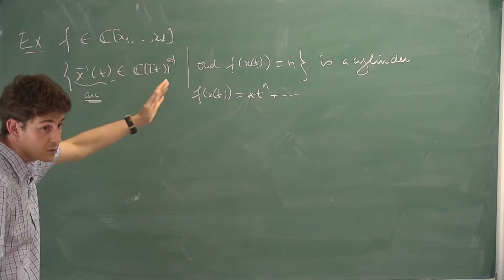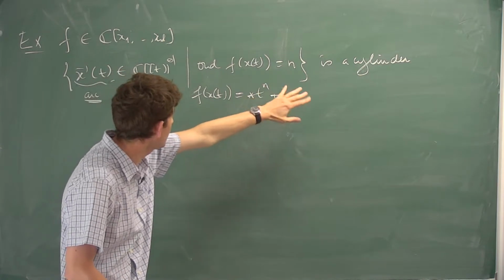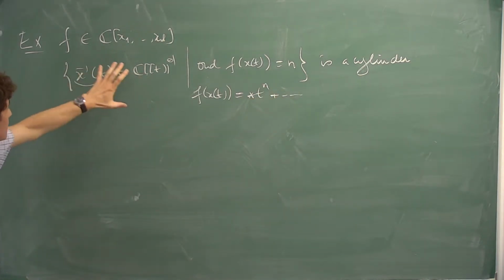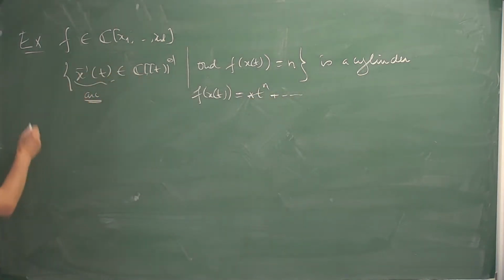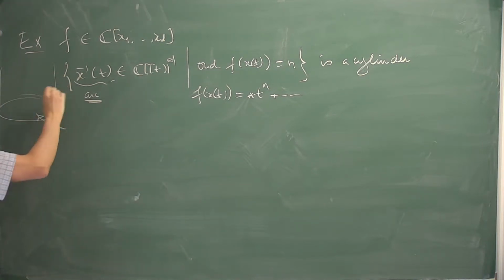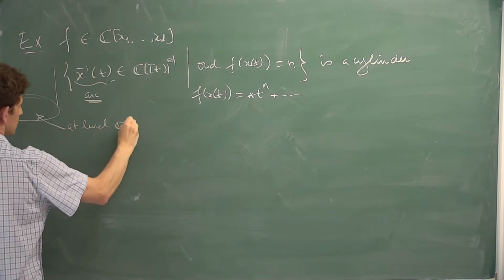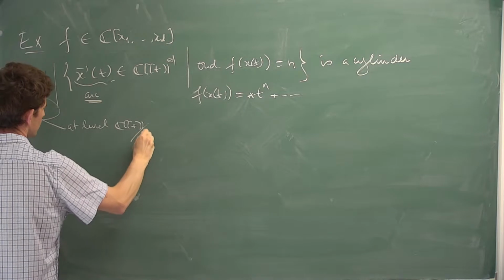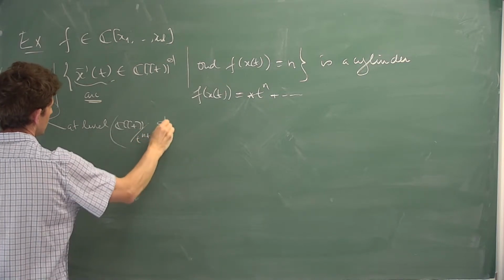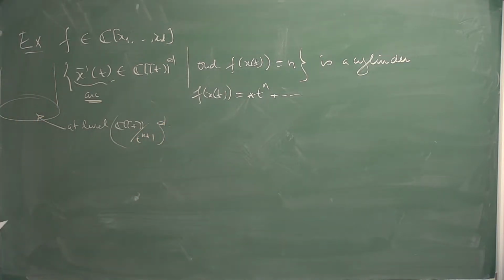You don't care about the rest because it will give you a larger order. So that means that everything is fixed. So it's a cylinder, and the base is at level C[T]/T^(n+1). So this is an example of a cylinder.